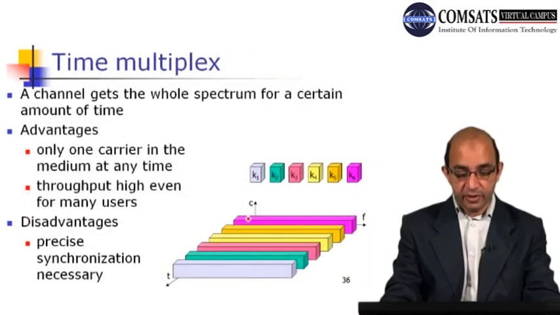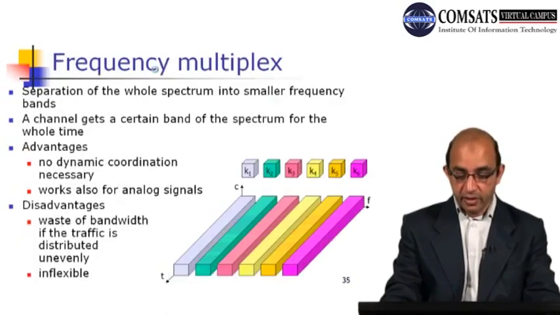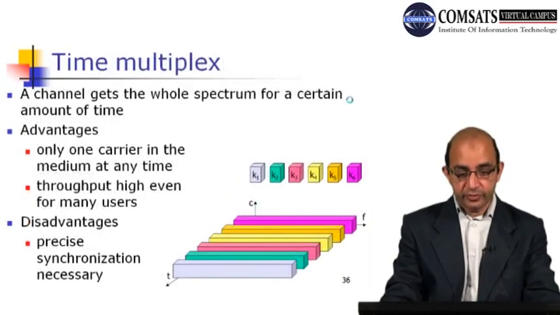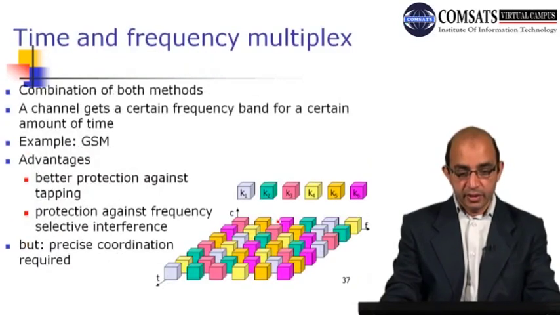So this is the frequency division, and here we have the division in time. Each input is allocated a certain amount of time slot, and then we are performing both.